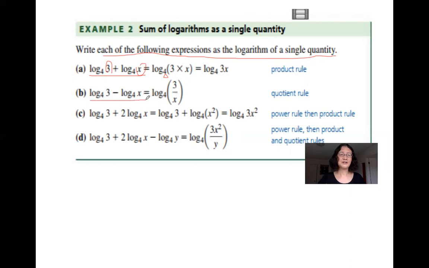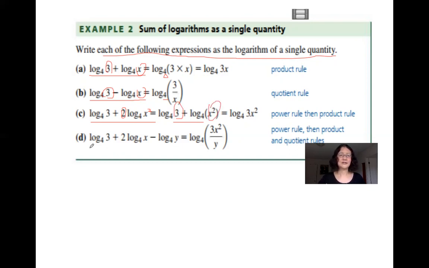And log minus log, keep the base, do the division of these two numbers. Log plus log, first you move these two to here, okay, to the power of x. And then you use log plus log equal to this multiplied by this.